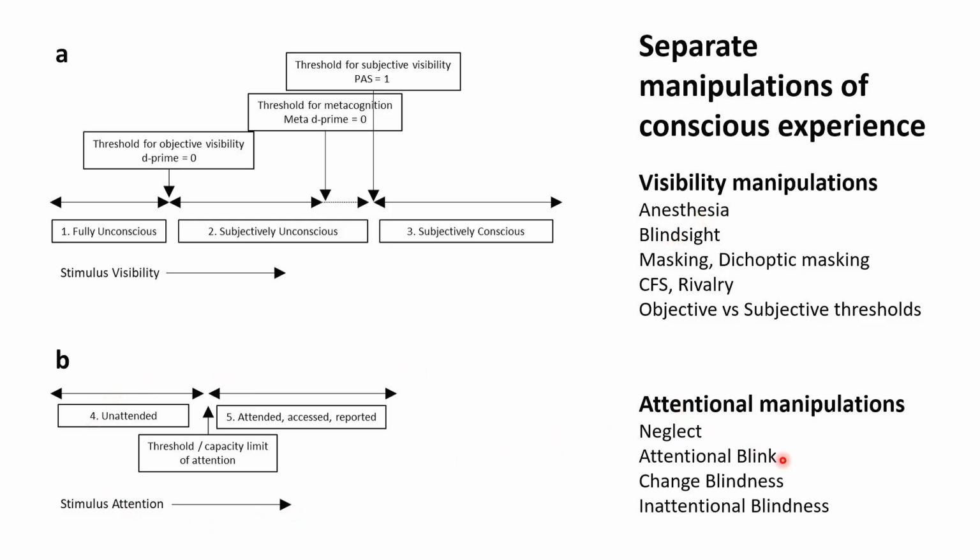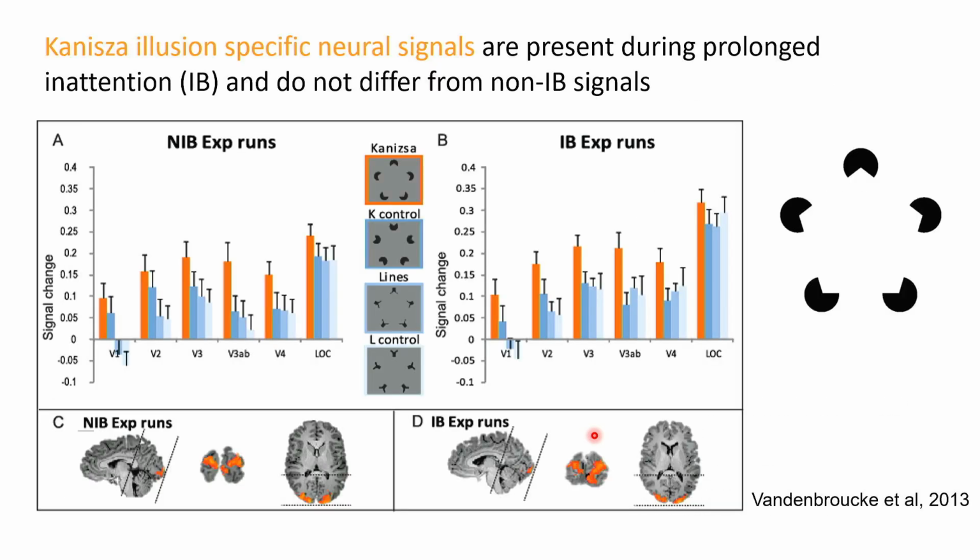And if we look at these attentional manipulations, and to what extent they interfere with perceptual processes, for example, this is actually quite a cute experiment by one of my former co-workers, where we looked at Kanizsa illusion specific neural signals.